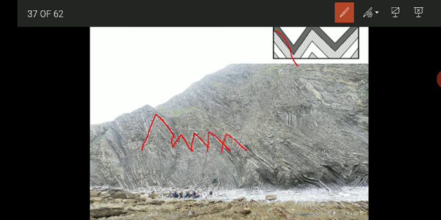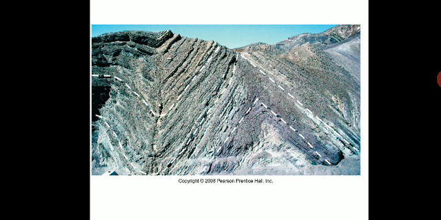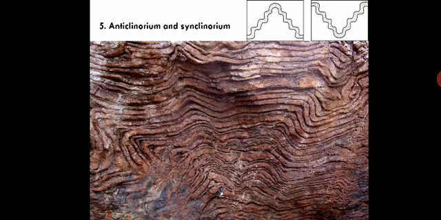Here also the crest and trough of the fold are pointed. They are sharp and they have straight or nearly straight limbs. So such folds are called chevron folds. Here is again an example of a chevron fold wherein the crests and troughs are pointed, sharp.